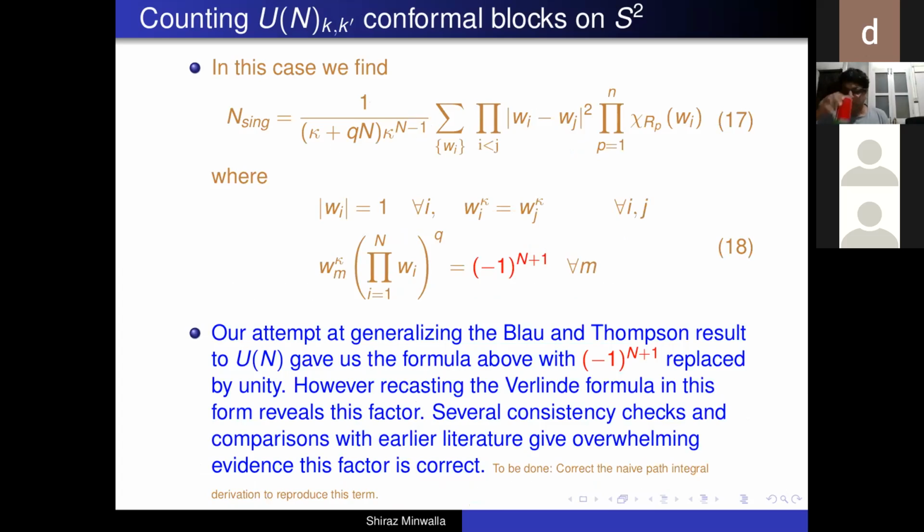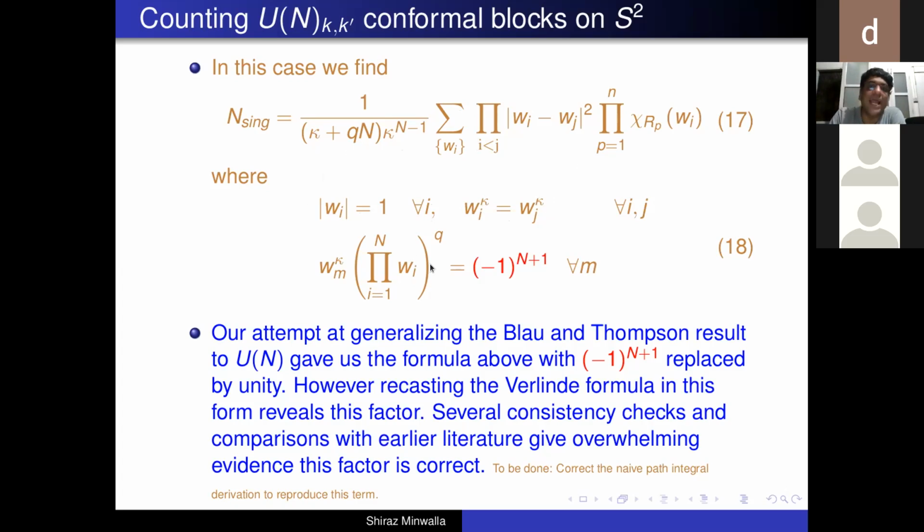Okay, that was as far as SU(N) theory. What about this U(N) K, K prime theory? Once again, for the U(N) K, K prime theory, the number of Wess-Zumino-Witten singlets, the number of conformal blocks, is given by some sort of effective discretization of the Weyl integral formula that we would use to compute the number of singlets for U(N) theory. The discretization is over eigenvalues that, of course, continue to be phases, continue to obey the condition that omega_i to the power kappa is equal to omega_j to the power kappa, which is that the ratios of these eigenvalues are kappa-th roots of unity.